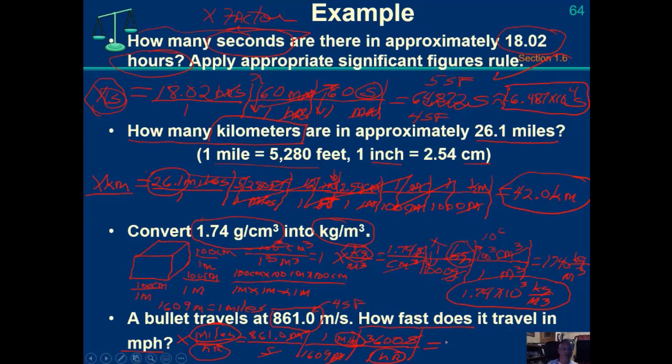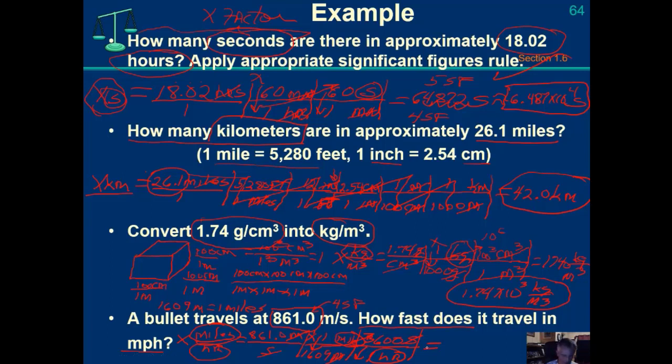And so now all I have to do is plug it in my calculator, and it goes like this. 861.0 times 1 divided by 1609 times 3600 divided by 1 hour. And just plug it that way in your calculator. It'll work every time.